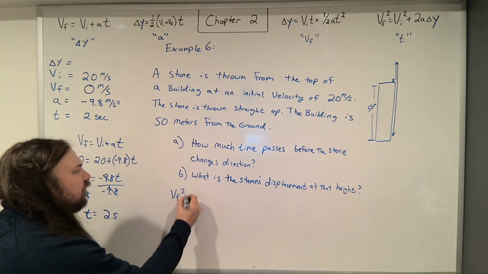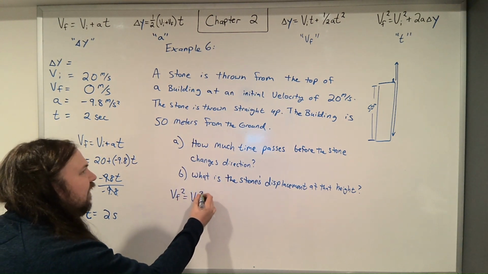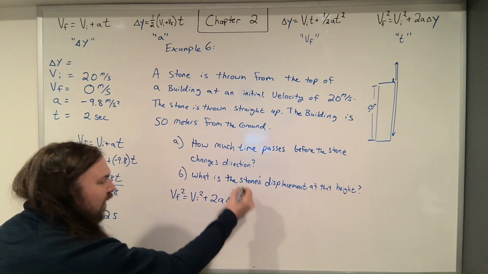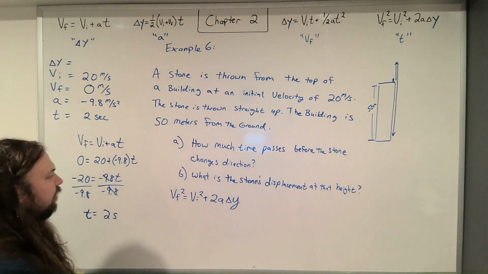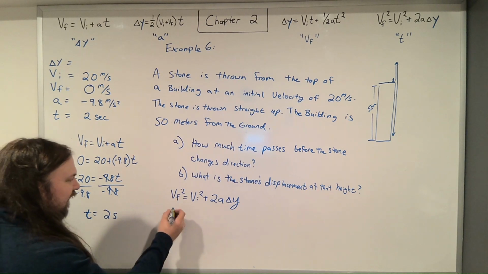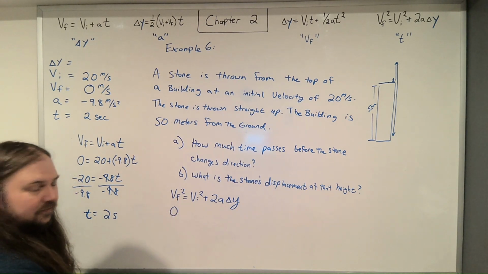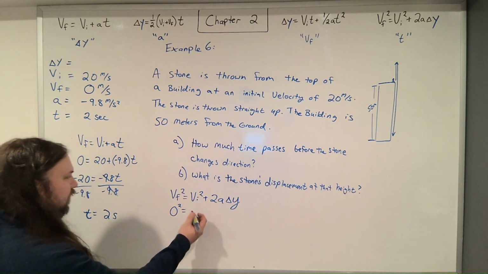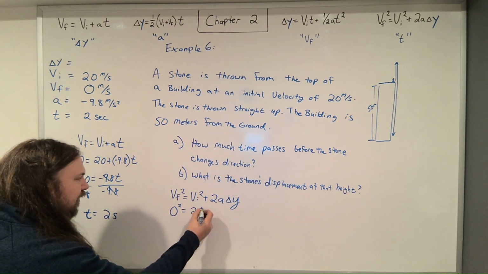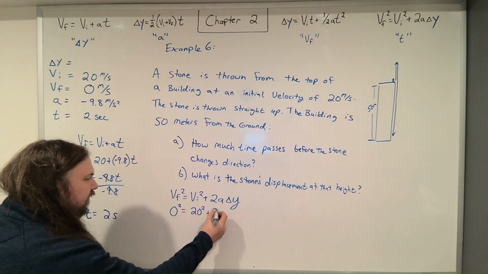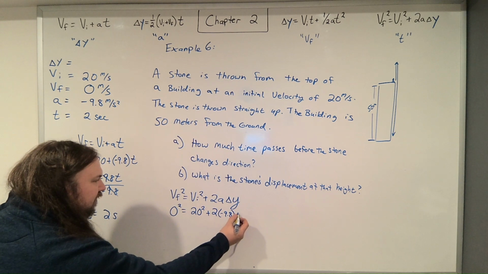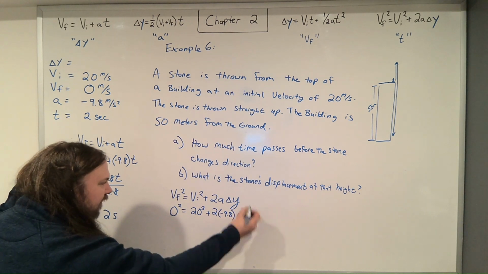I will have Vf squared is equal to Vi squared plus 2 times a times the change in y, because we are in the y direction. My final velocity, nice and easy, 0. 0 squared is still 0. My initial velocity was 20. 20 squared plus 2 times the acceleration, that's negative 9.8, times the change in y.